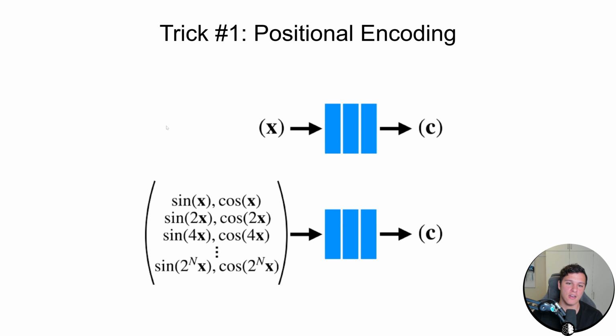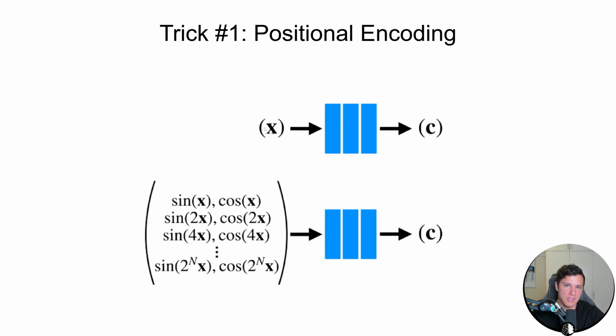So it seems that neural networks don't work that well when we have, this is maybe a little bit simplistic, but basically neural networks don't work well when we have very low dimensional features. Neural networks work better if we have high dimensional data. So what they do is that they add these sine and cosines, Fourier features.